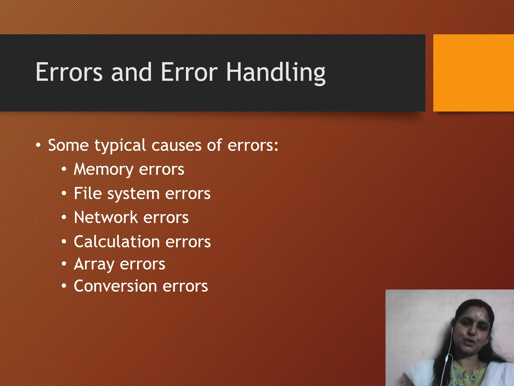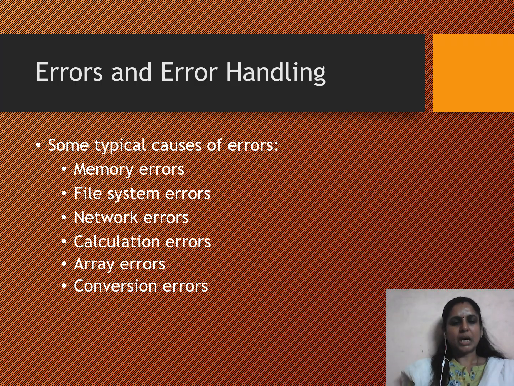Here I have shown the typical causes of errors: memory errors, file system errors, network errors, calculation errors, array errors, and conversion errors. What are memory errors? Memory incorrectly allocated, memory leaks, or a null pointer value. File system errors are when the disk is full or the disk has been removed. The next one is a network error, that is, the network is down or the URL does not exist.